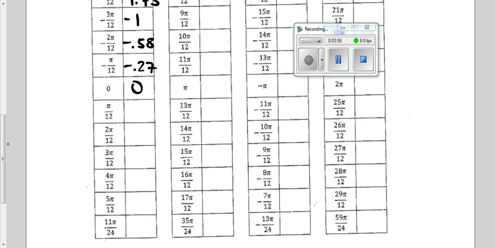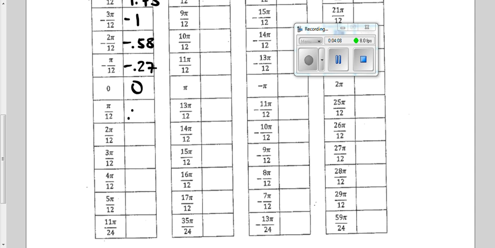Now what comes after 0? What do we notice? The same. 0 is my midpoint, and they do the same thing on either side of 0, right?